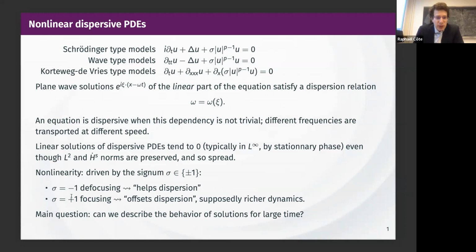For -1, it is defocusing: the nonlinearity helps dispersion, and you expect the dynamics of the nonlinear equation to mimic the dynamics of the linear equation. Whereas if sigma is +1, you're in the focusing case, where there is a balance. The nonlinearity goes against the linear effects, and you have supposedly a richer dynamics. I will essentially speak about the focusing case.